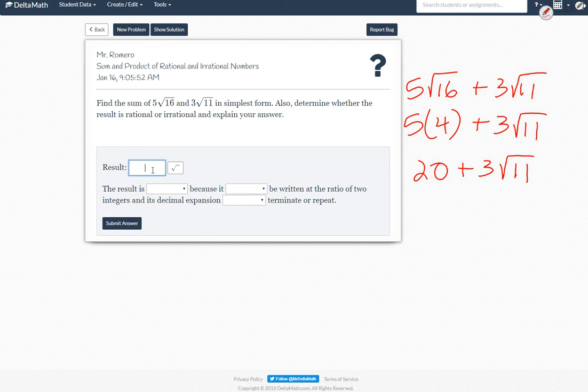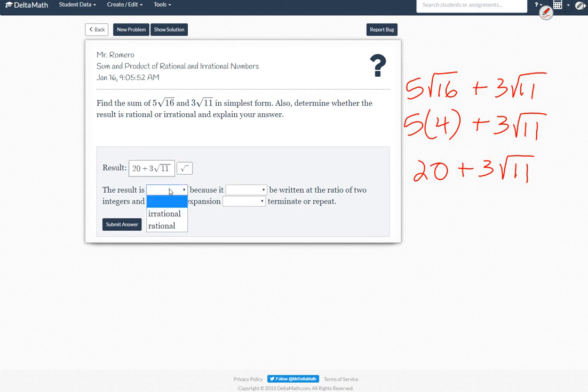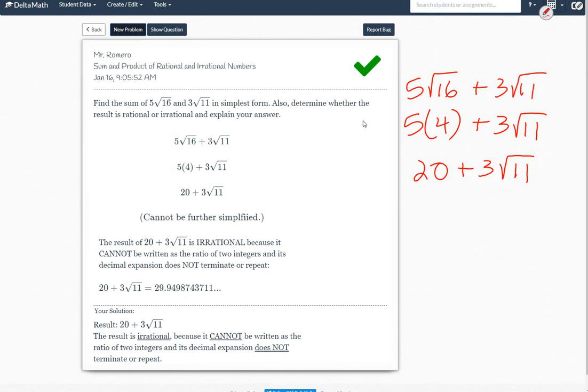So for the result, I would write 20 plus 3 square root of 11. Did the radical stay to the end? So this is irrational. And when it's irrational, I told you cannot. Hope you're paying attention for when you do your assignment.